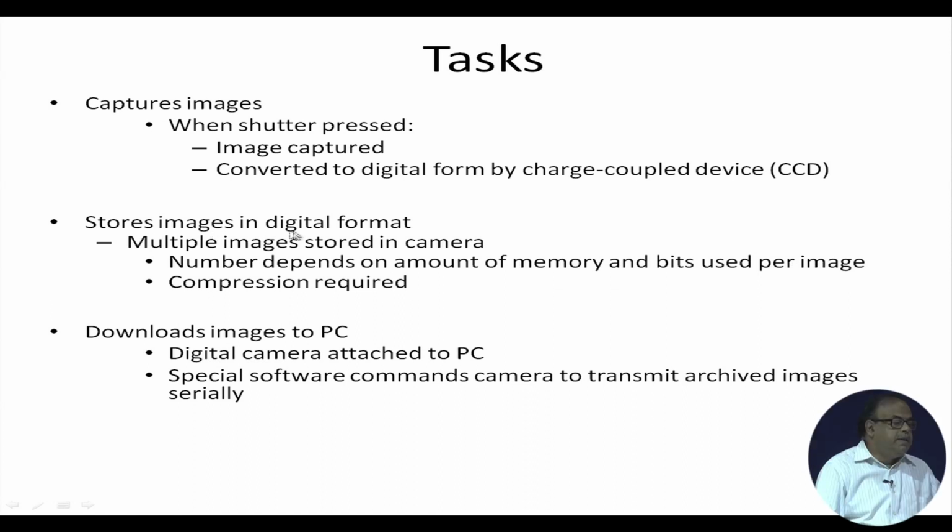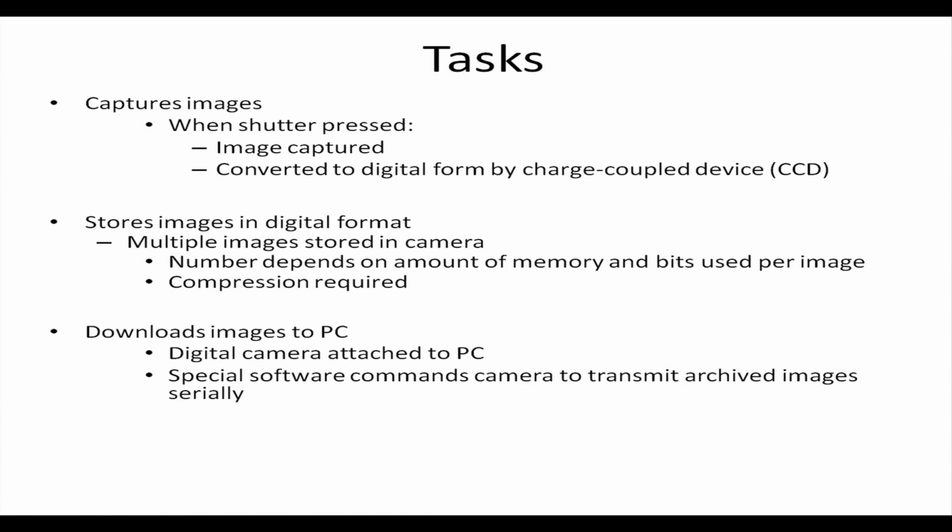Now, the images have to be stored in the digital format. Obviously, all of you use digital cameras, and you know that we can store multiple images in the camera. There are no films required, and the number of images that we can store depends on the amount of memory, number one, and the resolution of the images.